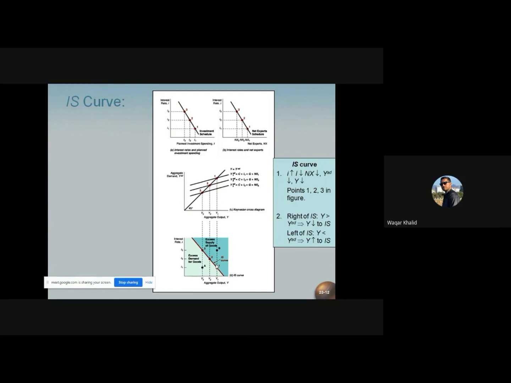For each given level of interest rate, the IS curve tells us what aggregate output must be for the goods market to be in equilibrium. So if the interest rate rises, planned investment spending and net exports fall, which in turn lowers aggregate demand. So as a result, aggregate output must be lower in order for it to equal aggregate demand and satisfy the goods market equilibrium.